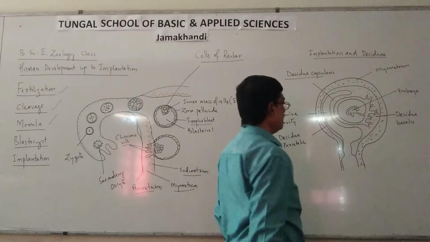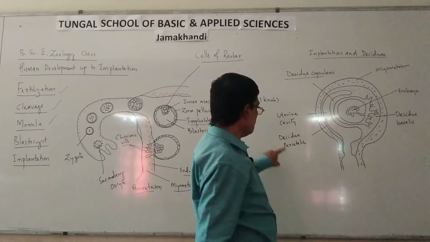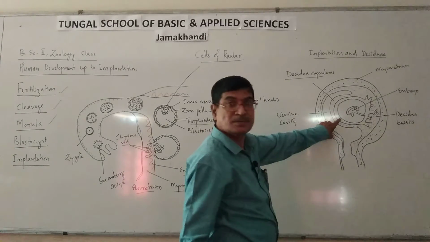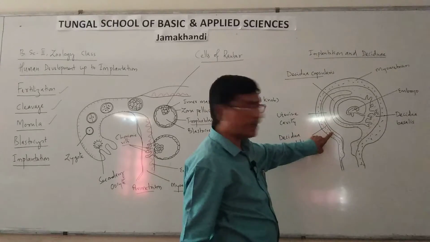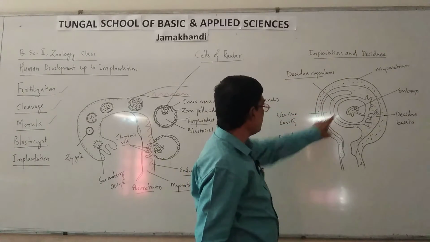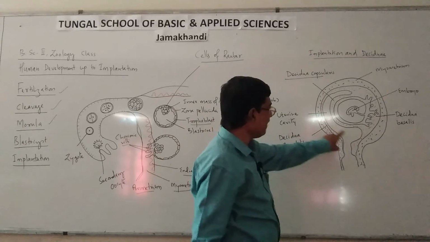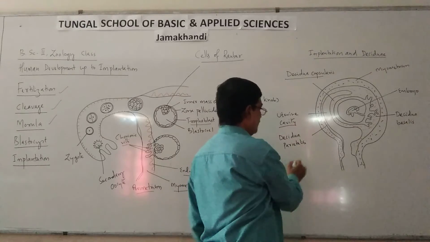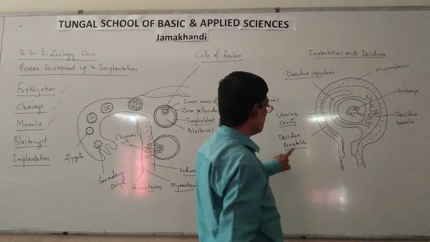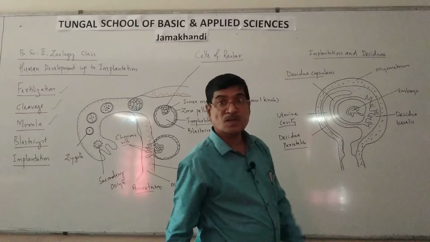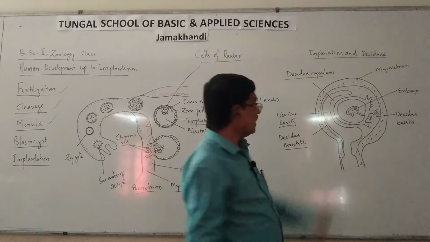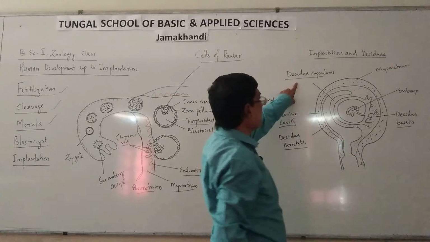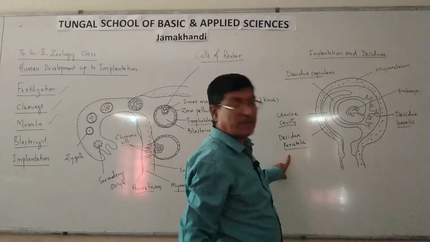The second one, decidua parietalis, is this one. This is not connected to the embryo directly. In between decidua capsularis and decidua parietalis, there is a cavity, the uterine cavity. Thus, there are three regions of decidua: number 1, decidua basalis; number 2, decidua capsularis; number 3, decidua parietalis.